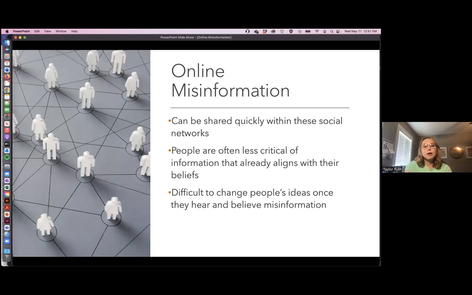When we're talking about online misinformation, it can be shared really quickly within these social networks, especially thinking back to those echo chambers where people have similar values and attitudes. If you have one prominent person share that information, it can reach so many people who then can share with their followers, and it can just spread like wildfire. People are often going to be less critical of information that already aligns with their beliefs.